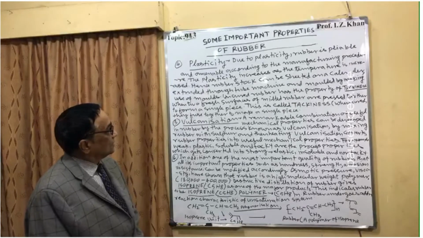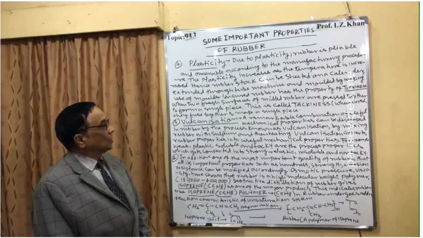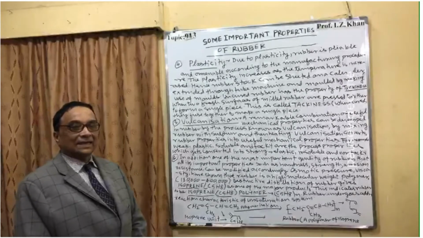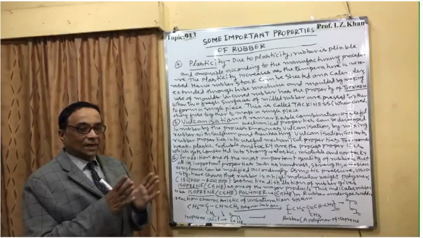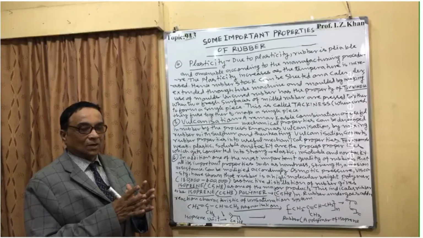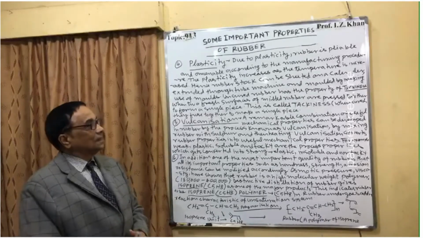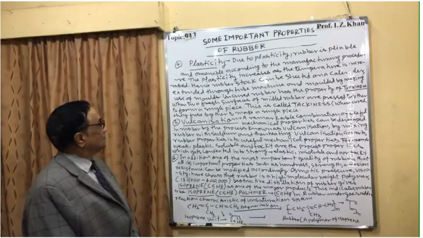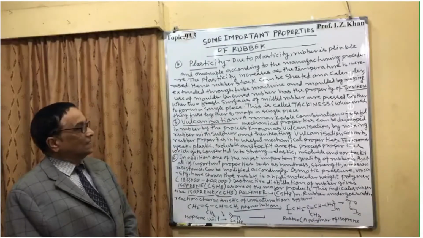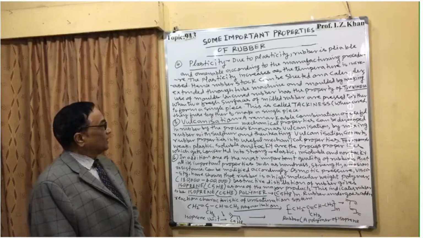Uncured rubber has the property of tackiness. Tackiness means that when you bring two pieces of rubber together, they have the property of adhesiveness. They will adhere together, that is called stickiness, when two fresh surfaces of raw rubber are pressed together to form a single piece.